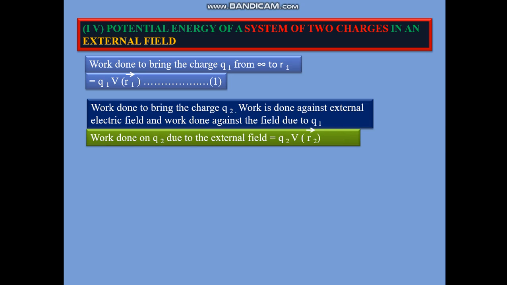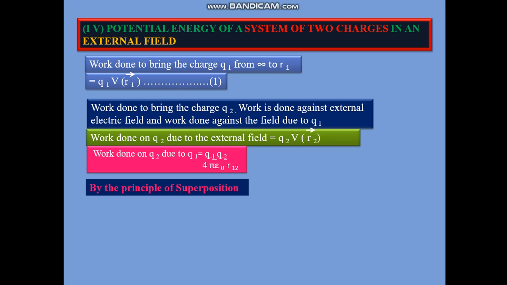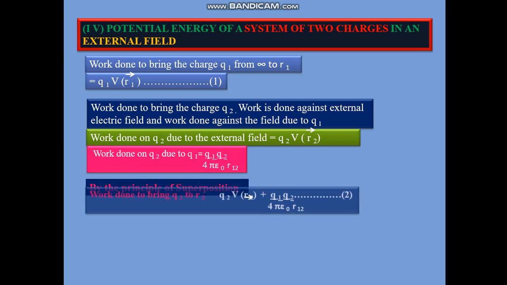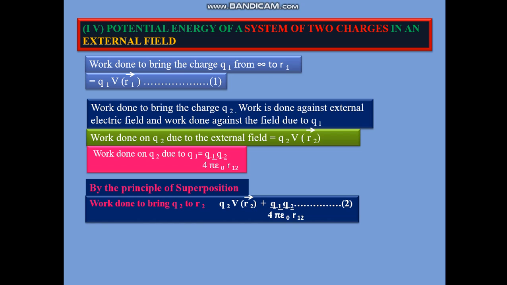So we get the work done on q2 due to the external field as q2 V(r2), and the work done on q2 due to q1 is q1 q2 upon 4 pi epsilon naught r12. So by the principle of superposition, the work done to bring q2 to r2 is q2 V(r2) plus q1 q2 upon 4 pi epsilon naught r12.